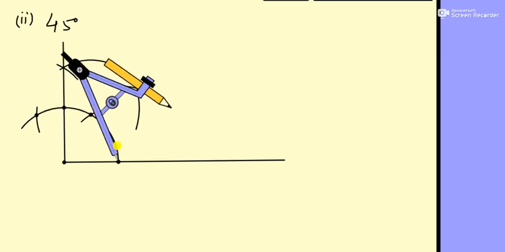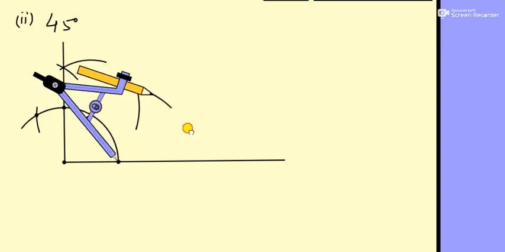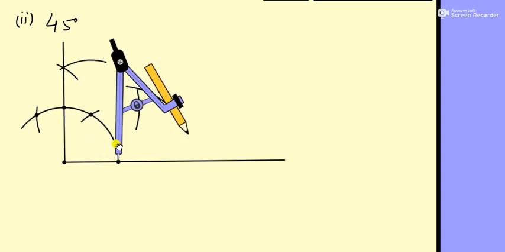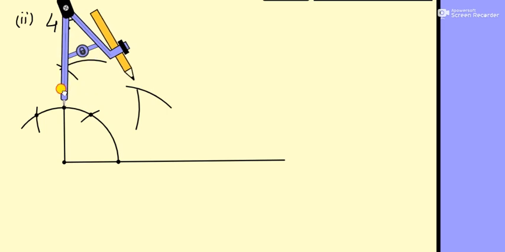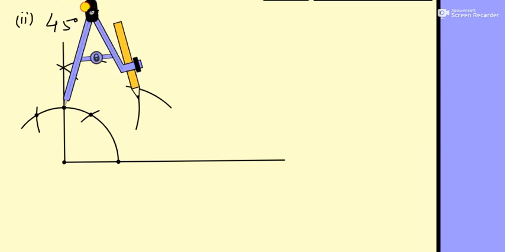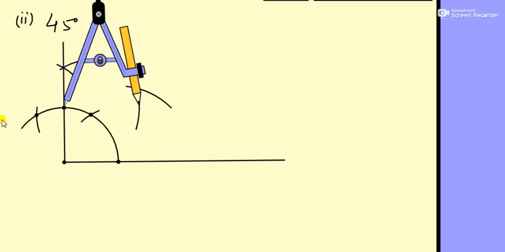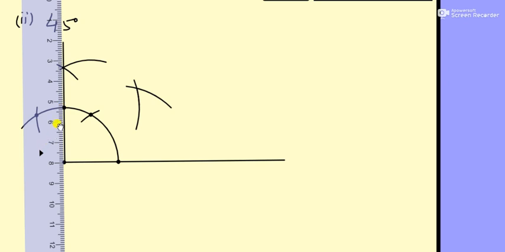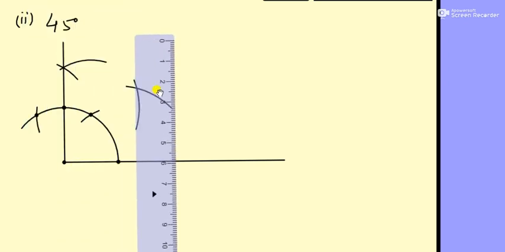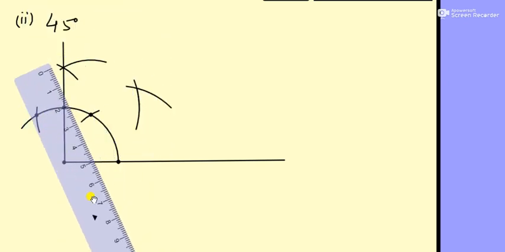So both arcs are not intersecting, so you can put it once again here and make an arc. Okay, now remove the compass, and with the help of the scale you can draw this.